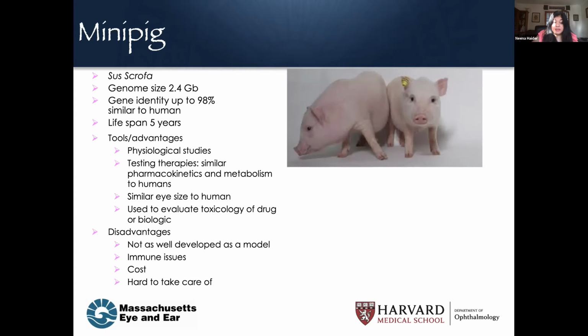They're similar eye size to humans, which is good, and they're used to evaluate toxicology of drugs or biologics. Disadvantages might be that they're not as well developed a model as some of the rodent models. They do have immune issues which can compound your readout and your effect, so that's an important consideration to make. And they can be costly and a little more challenging to take care of.